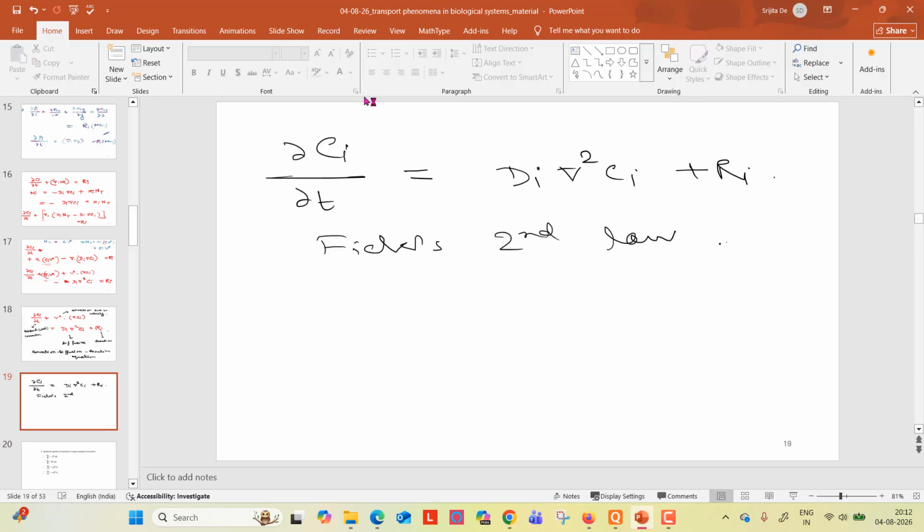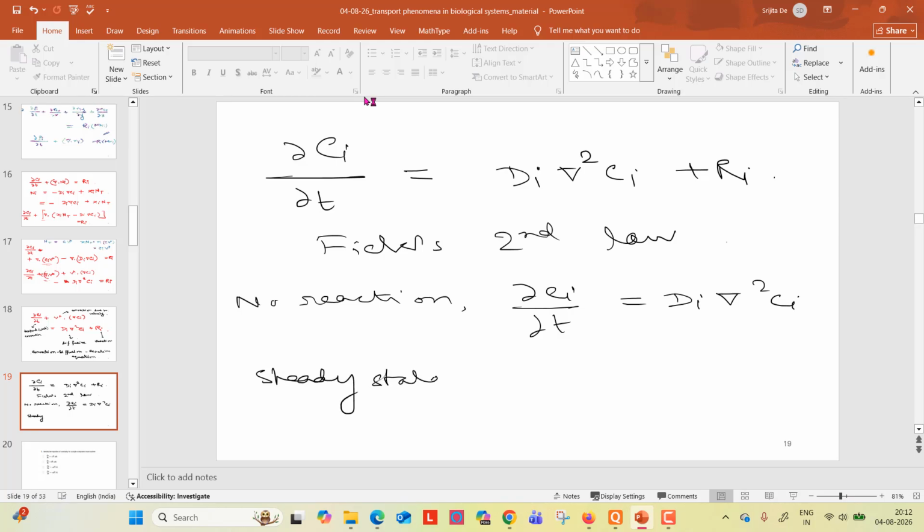Okay. If there is no reaction, it will be del Ci del T equals to di grad square Ci, and if it is steady state, this will reduce to di grad square Ci equals to 0. Simple. Okay. And all the equations you can write for the mass concentration term, right?